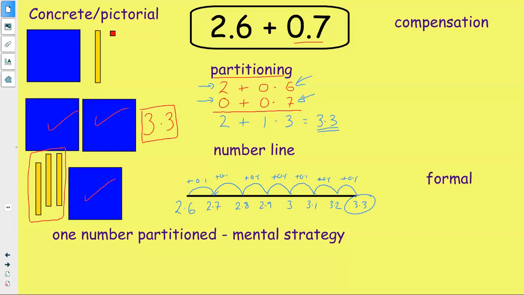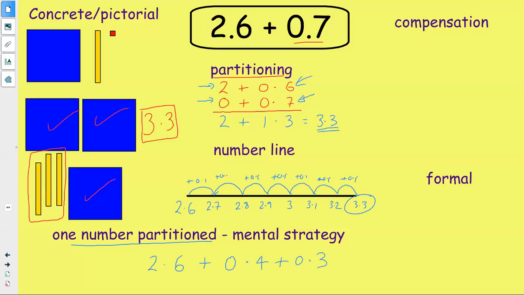This one I'm calling one number partitioned, a mental strategy. So you're really thinking about this 2.6, and you could do this with the number line as well. You're thinking about splitting up your 0.7 so that part of it can be added to the 2.6 to make a friendlier number. Because of your knowledge from the previous video, you should know that I could split up 0.7 into 0.4 and 0.3.